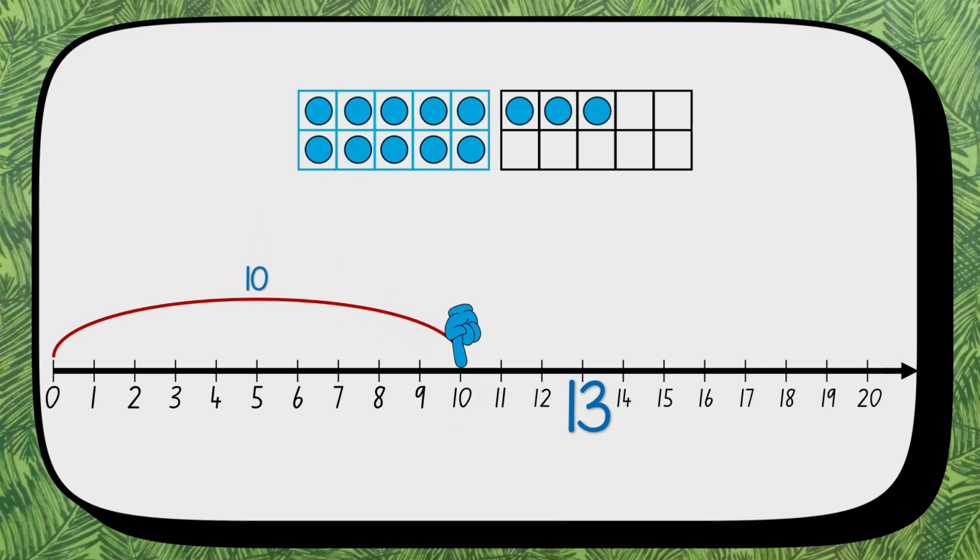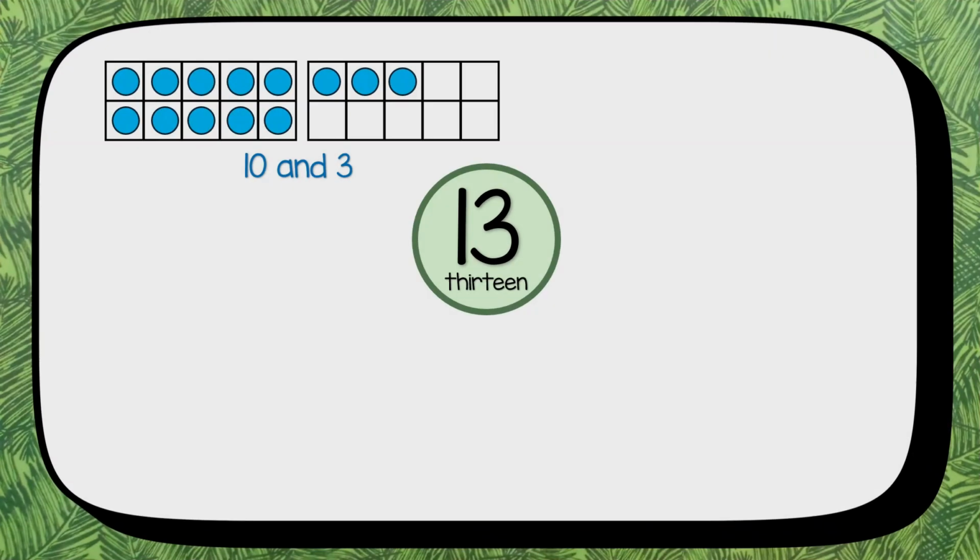How many smaller steps will get us to 13? 1, 2, 3. 10 and 3. Count with me as we start at 10 and count on. What comes after 10? 11, 12, 13.